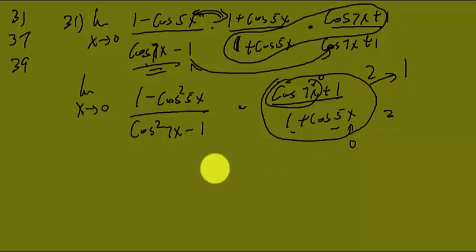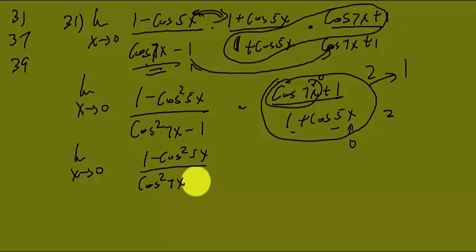So this actually ends up going to 1. All I have left is the limit as x goes to 0 of 1 minus cosine squared 5x over cosine squared 7x minus 1. This is a trig identity, and that's going to be sine squared of 5x.